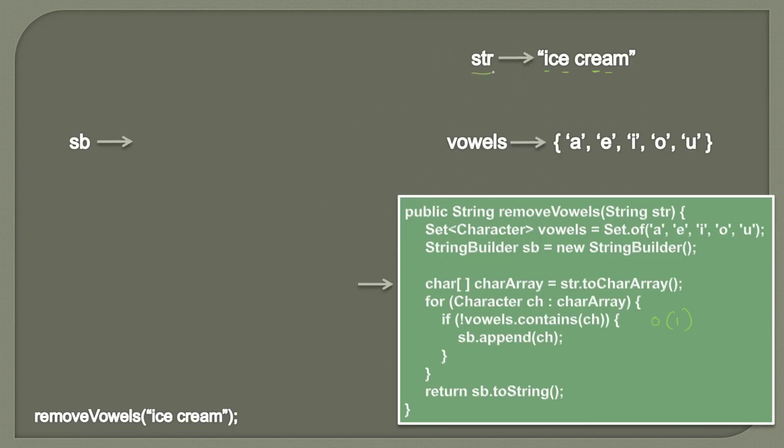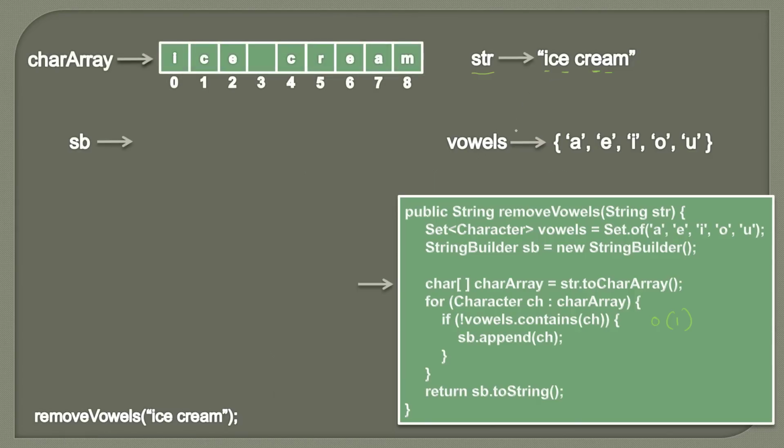Moving ahead, a string has a method toCharArray in Java. When we call this method, we get a character array. So this ice cream will be separated out in the form of a character array. It would look something like this, going from index 0 to 8, because it is taking ice cream one single character at a time.